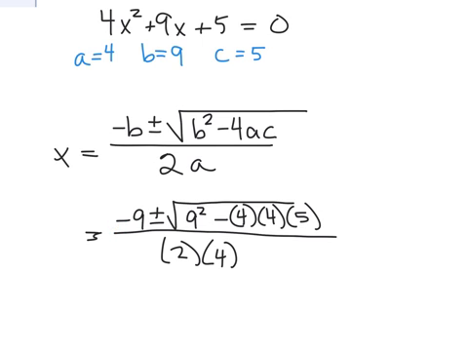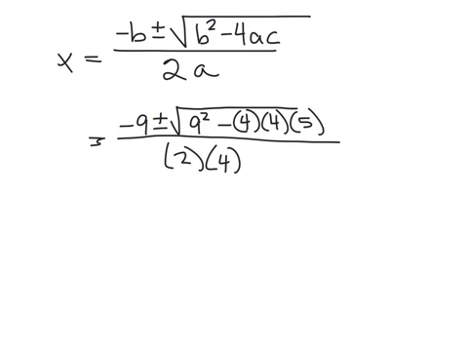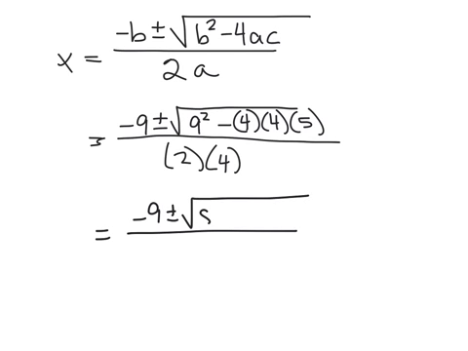All right? So anyway, now our job is to do this laborious task of simplifying. So this big old huge fraction, negative 9 plus or minus the square root of, this becomes 81 minus, let's see, 81 minus 80, all over 8.